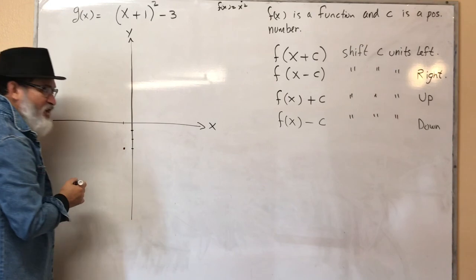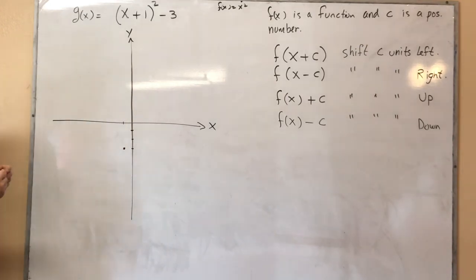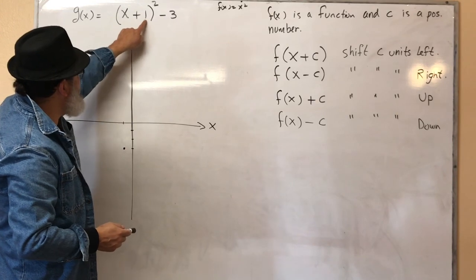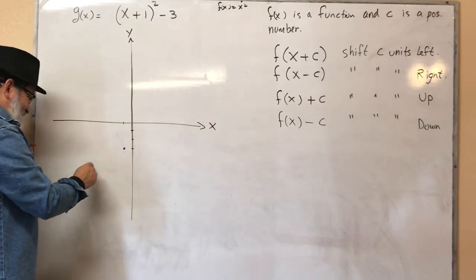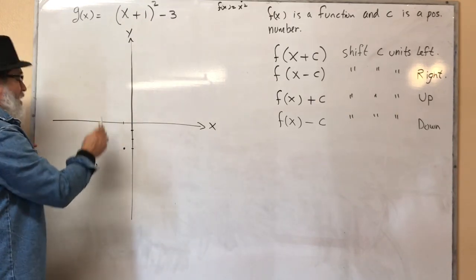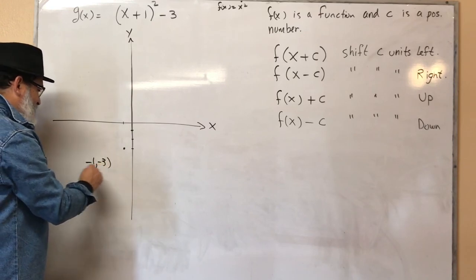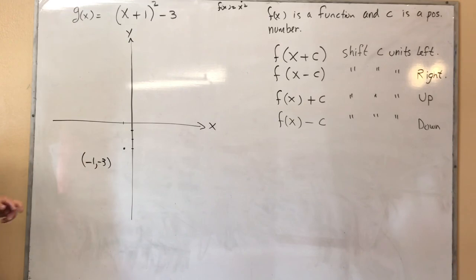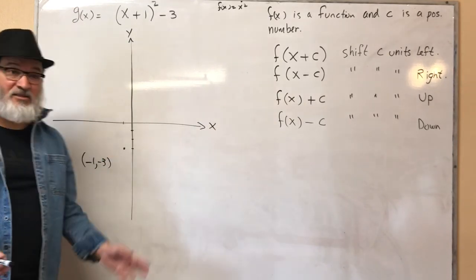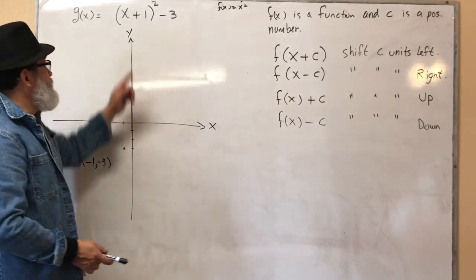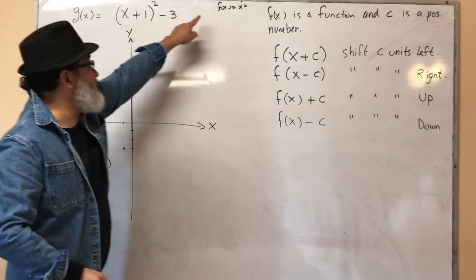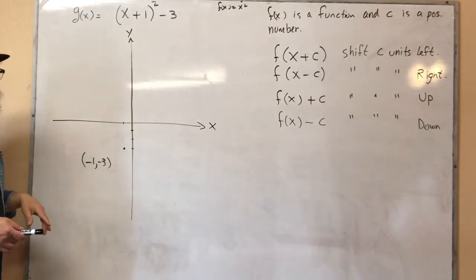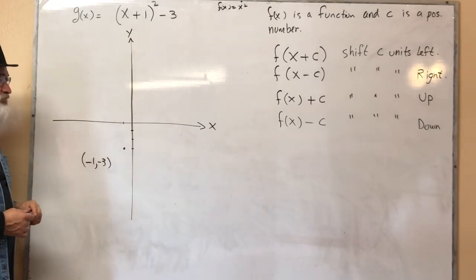And that's the new vertex. The vertex is, take the opposite of this, the vertex is -1 comma -3. That's the vertex for this parabola. Note, I'm applying that. This is f of x equals x squared, except that I call it g of x, but that's fine.